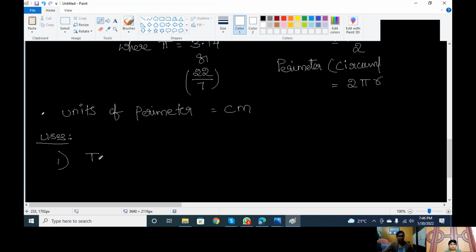So one is to find the cost of fencing to the field.